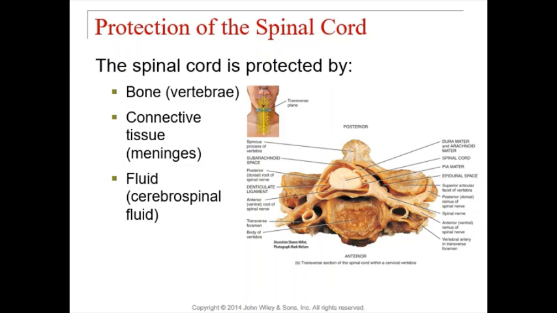Remember that's the ependymal cell. And the reason why they're making cerebrospinal fluid, or at least one function of it, is to provide protection. Kind of think your spinal cord is practically floating in that vertebral canal. It's floating in the cerebrospinal fluid. So these are all things I'm going to have to get through to get to the spinal cord. Why? Because they're all there for protection. Bones, meninges, and even fluid.